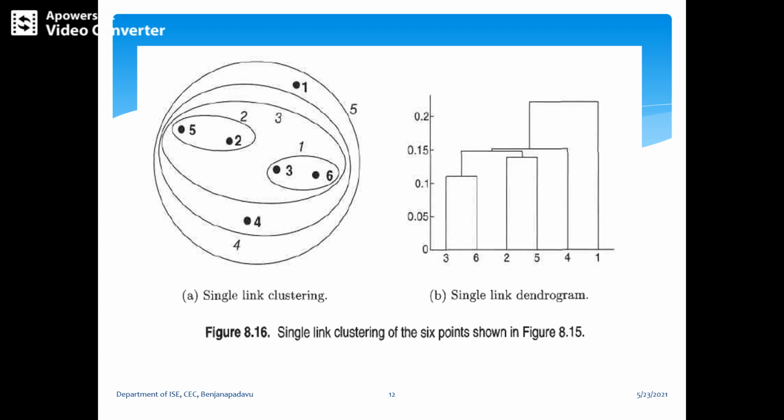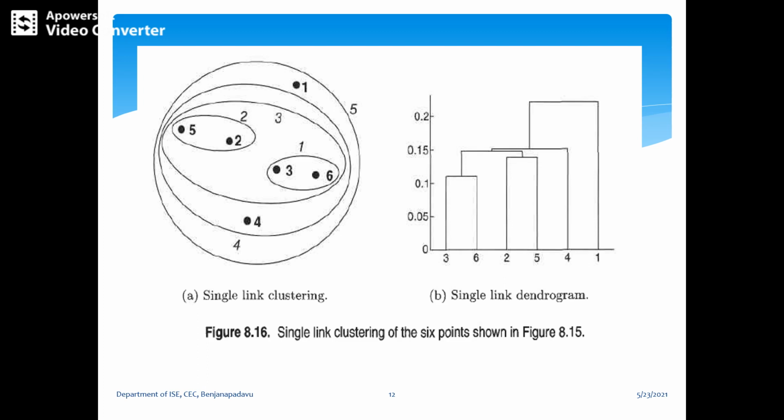So that is the height at which they are joined in the cluster. Here in this diagram, the first cluster we made is between 3 and 6, and the points near to that we enclose in an ellipse, which is one cluster.